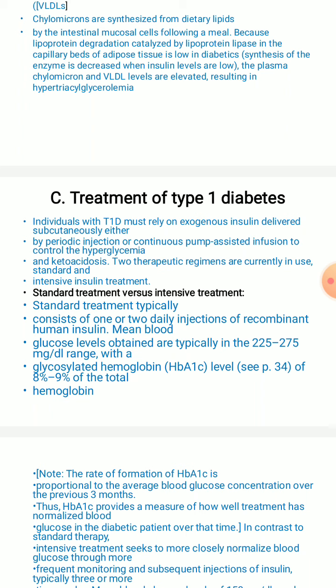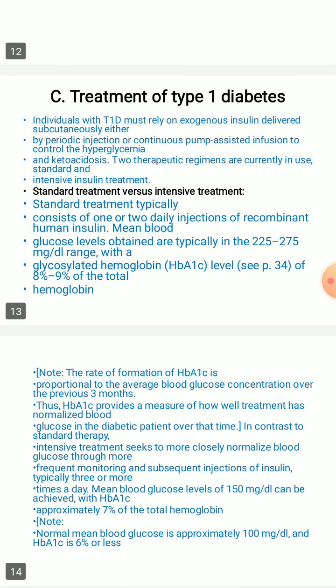The blood glucose level obtained ranges from 225 to 275 mg per deciliter, with a glycosylated hemoglobin, that is HbA1c level, of 8 to 9% of the total hemoglobin, right? So a person who has a mean blood glucose level of 225 to 275 mg per deciliter will have an HbA1c level of 8 to 9% of the total hemoglobin.